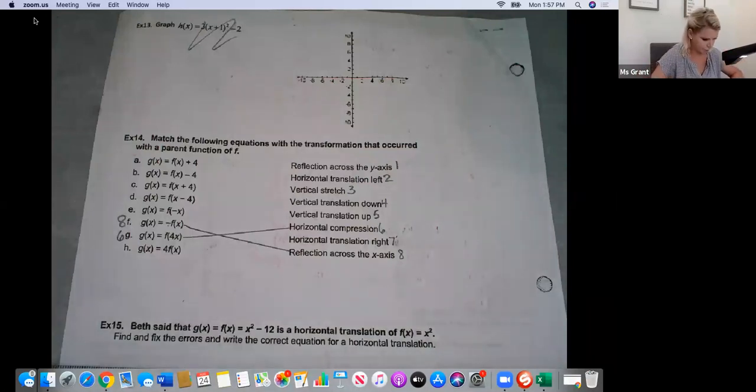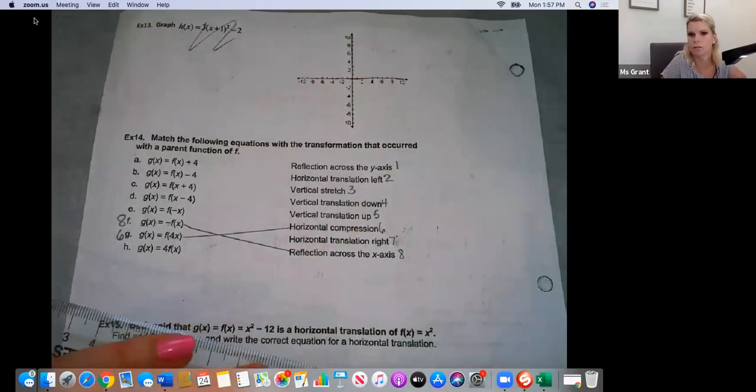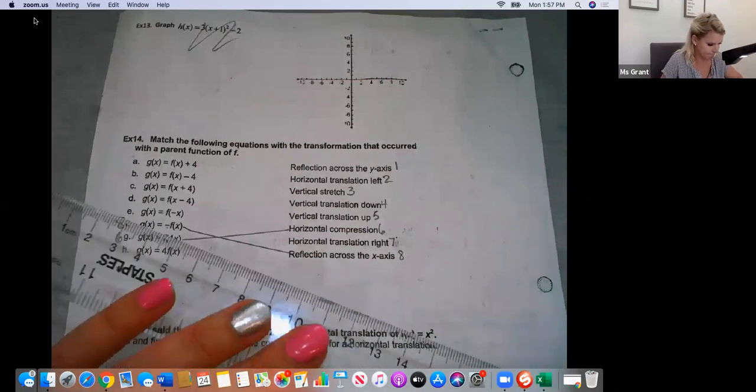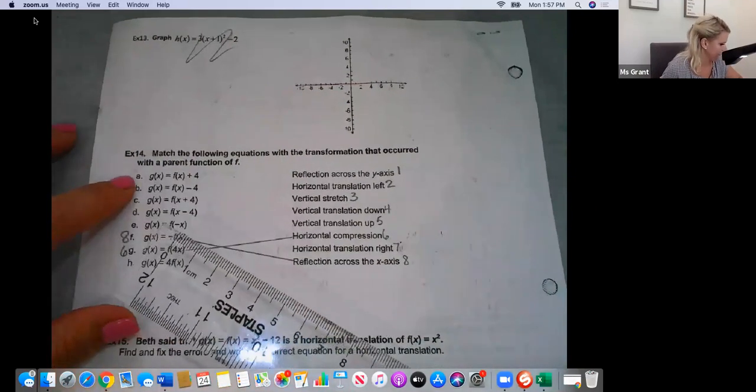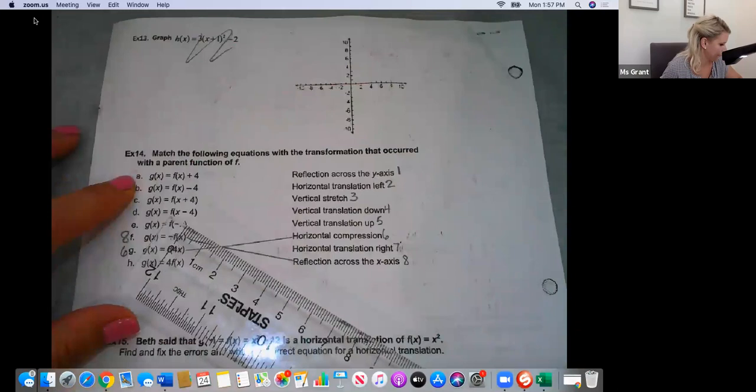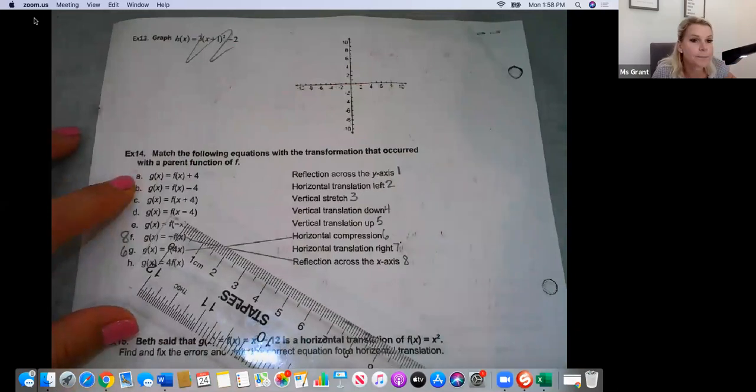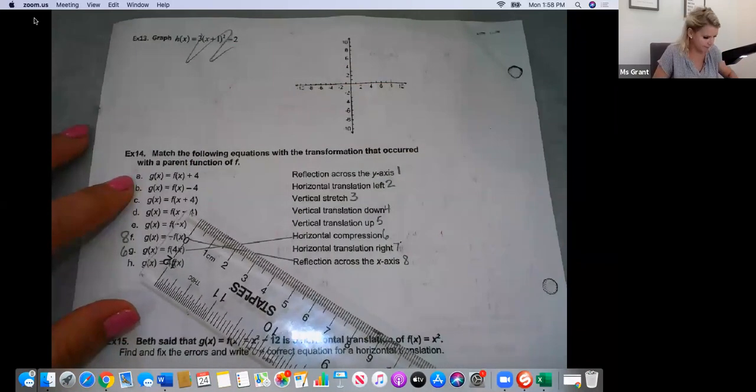Here we go. Can I have help with letter A, Chisholm? A is 5. Yeah.